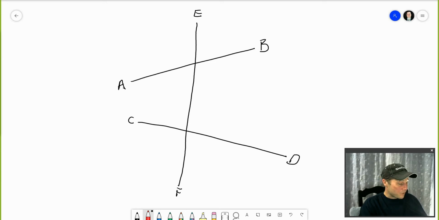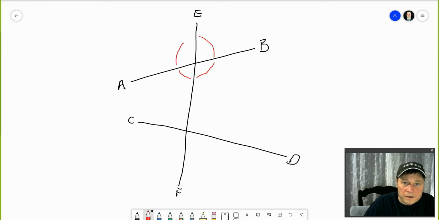Okay, but which ones qualify as the interior angles? Maybe what I should do is draw these. I'm just going to draw in these angles real quick. It's not going to be perfectly centered, I apologize.